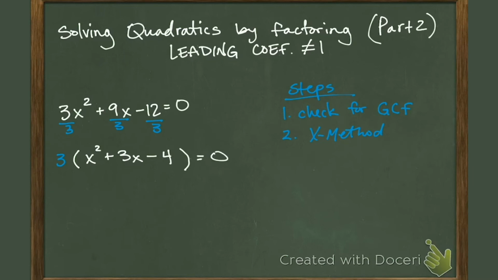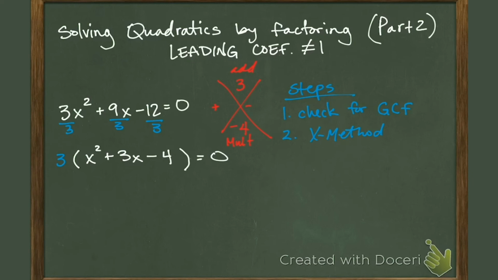So I need to think, okay, x method, remember what multiplies to get me -4 and adds to get me +3. Take a minute. The only things that multiply to give me 4 are 1 and 4, and 2 and 2. Because the 4 is negative, one of our numbers is positive and one is negative.